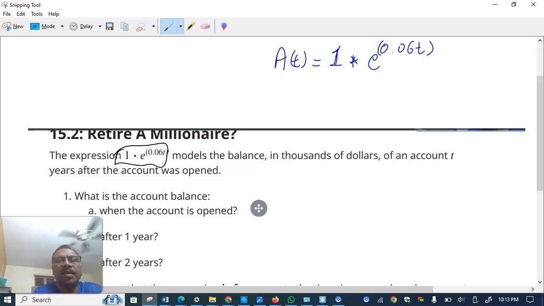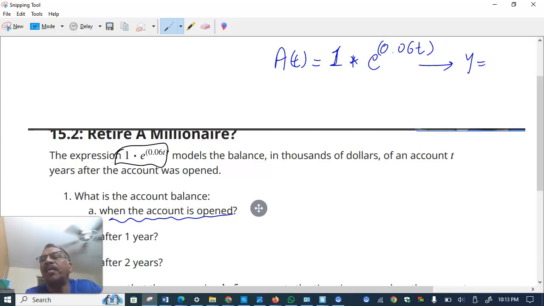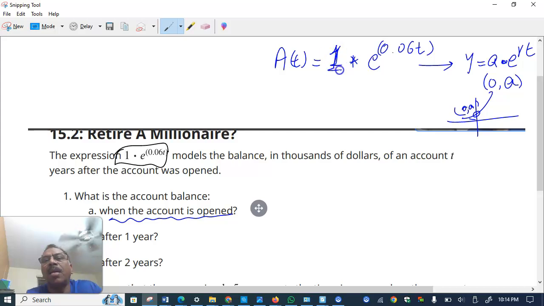The first question is asking what the balance was when the account was opened. By just looking at this, you can compare it with an exponential function with base e, which is a times e raised to rt. When t is 0, when the input is 0, that means the value is a. This is the graph, and this is where a is. In this example, A is 1.